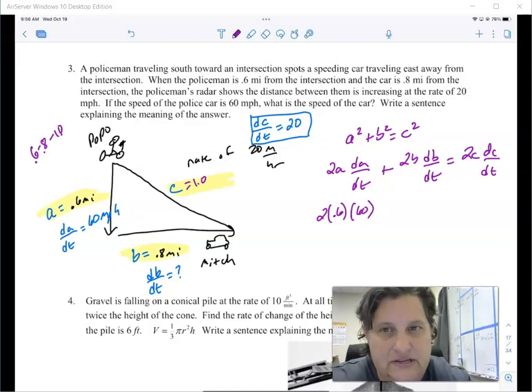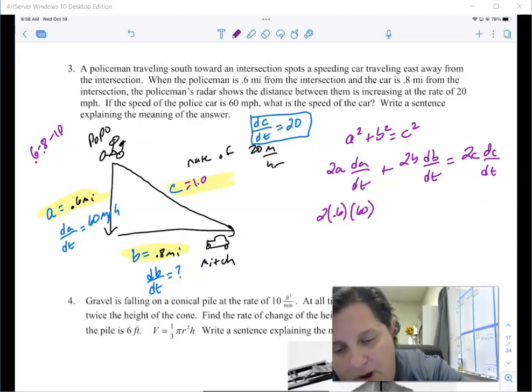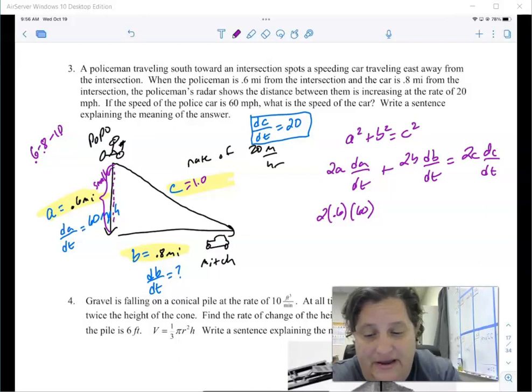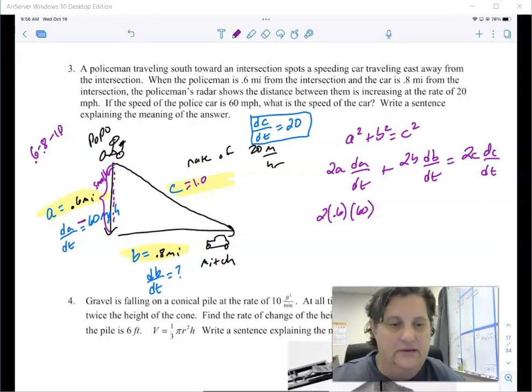Now, there's actually something that we need to talk about with this. As the popo is getting closer to the intersection, this distance is getting smaller, right? Because he's coming closer and closer. What that tells me is this is actually a negative rate.